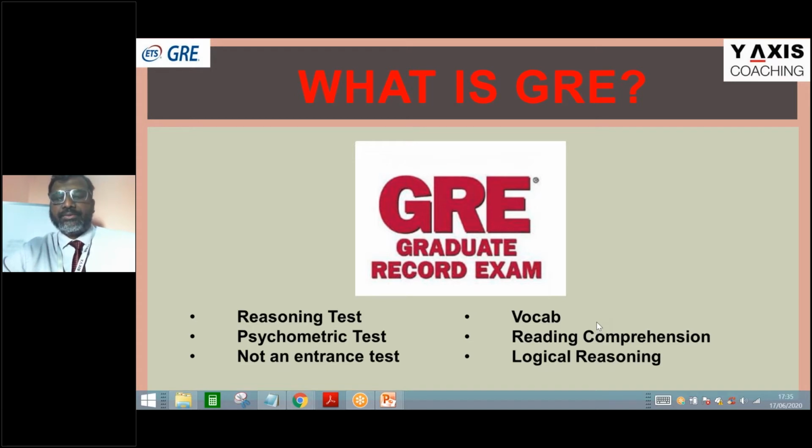Looking at the components, it's most importantly very demanding on vocabulary, followed by reading, both comprehension and the reasoning part of what exactly you read there. So we can safely categorize this as a reasoning test. It's not an entrance exam.